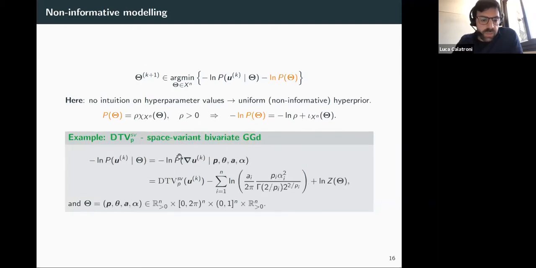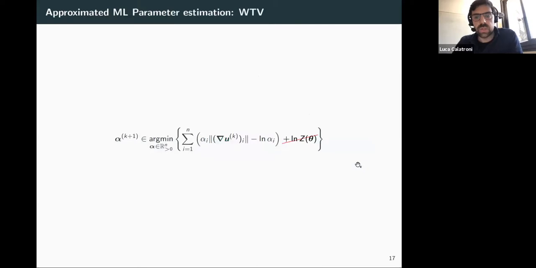We can do the same also for the more general regularizer that I denoted by DTV-P, where again you have a quantity depending on the hyperparameters and then the normalization constant.